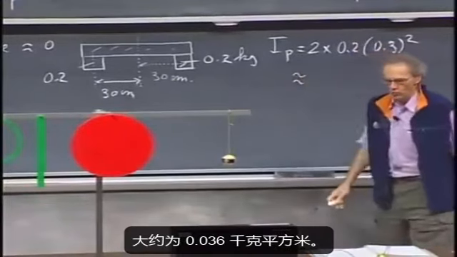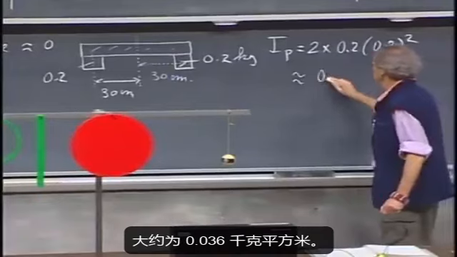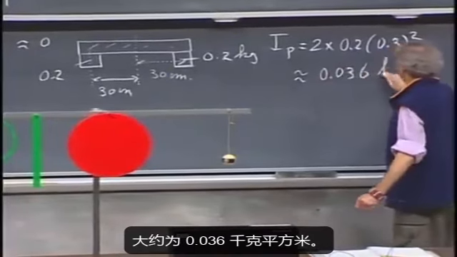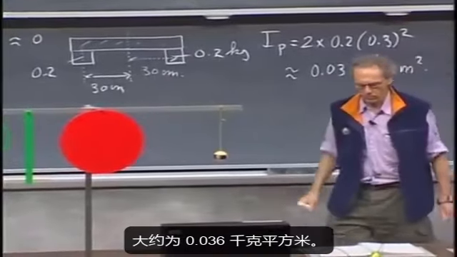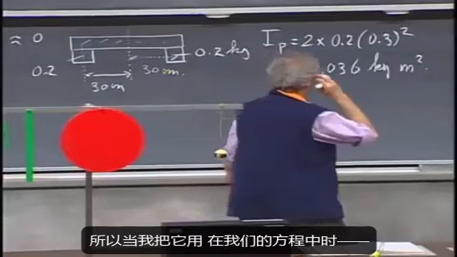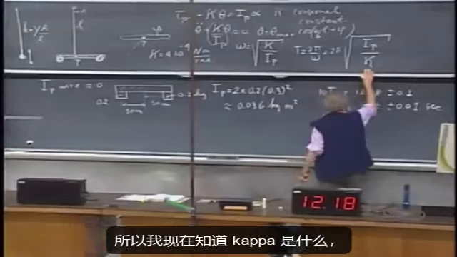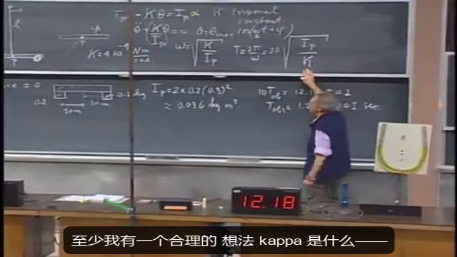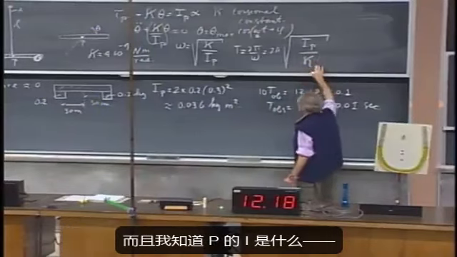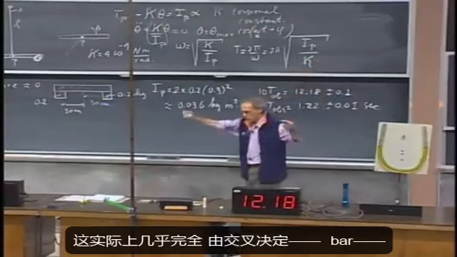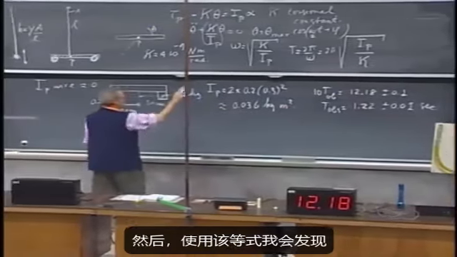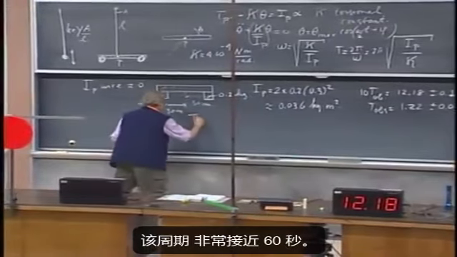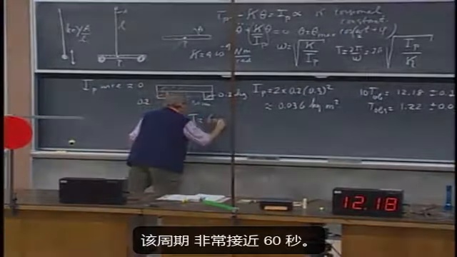And that is about 0.036 kilogram meter squared. And so when I use that in our equation, I know now what kappa is, at least I have a reasonable idea what kappa is, and I know what I of P is, that's really almost exclusively determined by that crossbar, I will find then, using that equation, that the period is very close to 60 seconds.